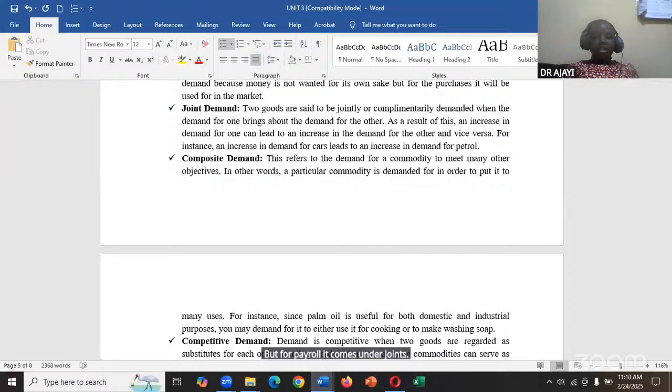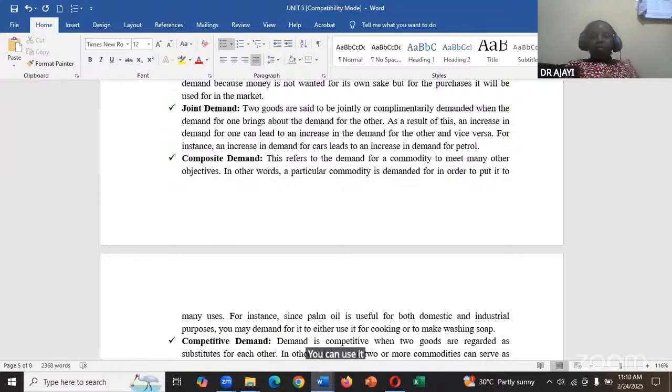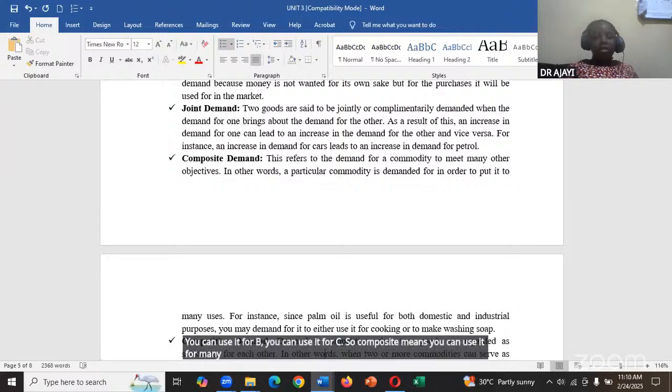So let's quickly see composite. Composite means you can demand for a particular thing, and once you have it in your hand, you could have demanded it to use for A, but once you have it handy, you can use it for B, you can use it for C. So composite means you can use it for many objectives. A typical example is you demand for flour.